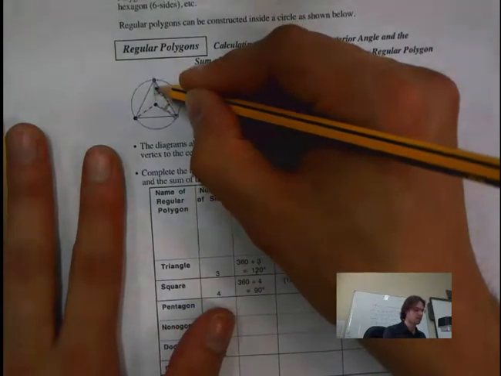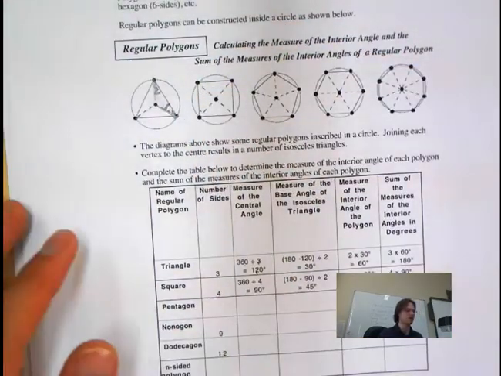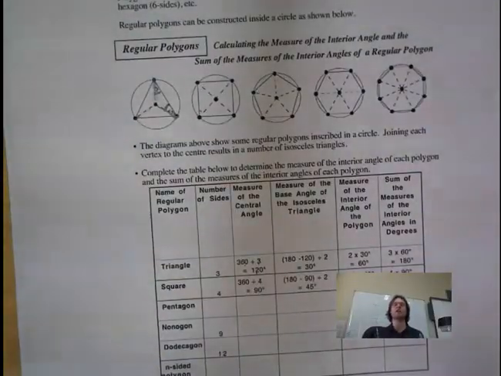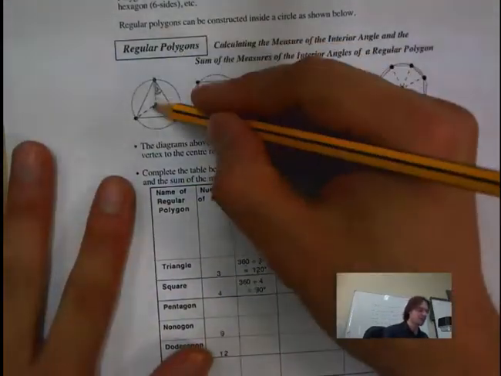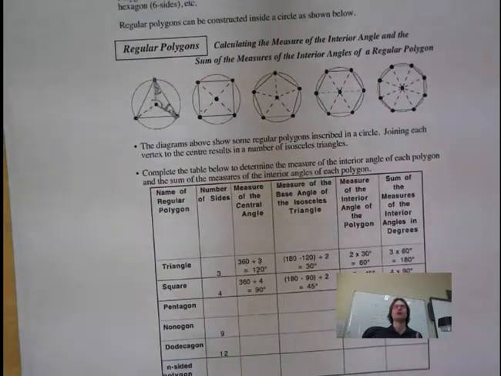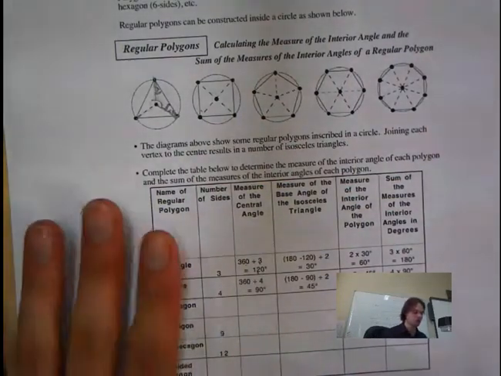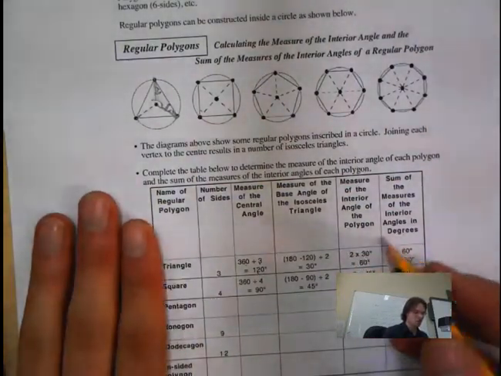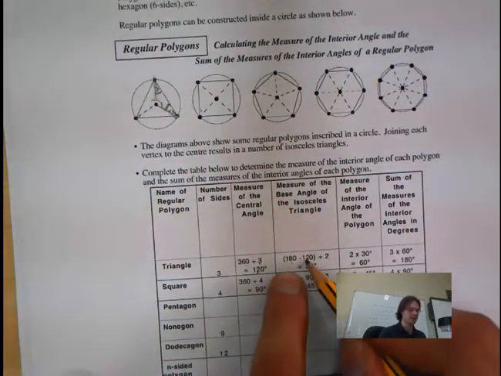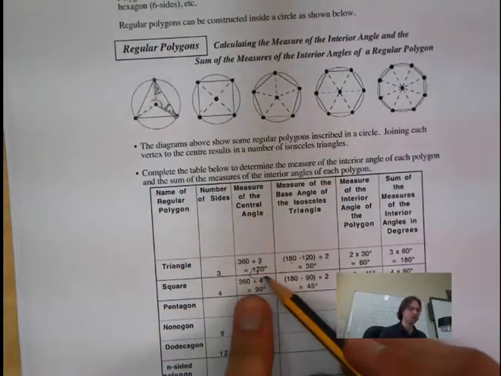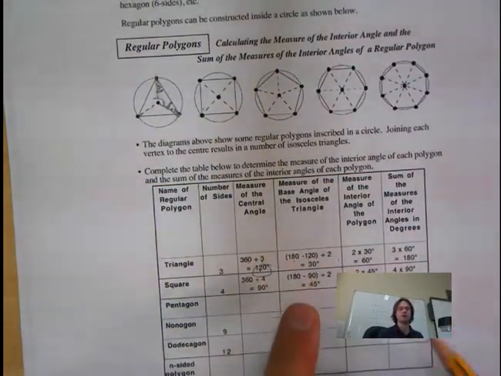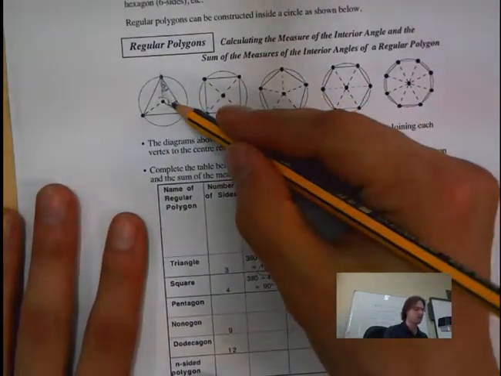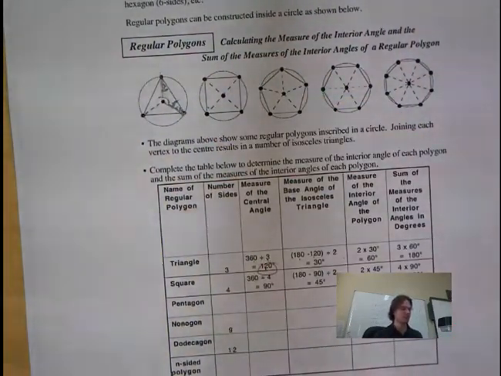So if this is A, this is A, all I have to do is use the fact that the sum of interior angles of a triangle is equal to 180. So I subtract the central angle from it, and whatever that difference is, I divide by 2. So we go 180 minus 120, which is the central angle, and we divide it by 2 to get the two base angles.